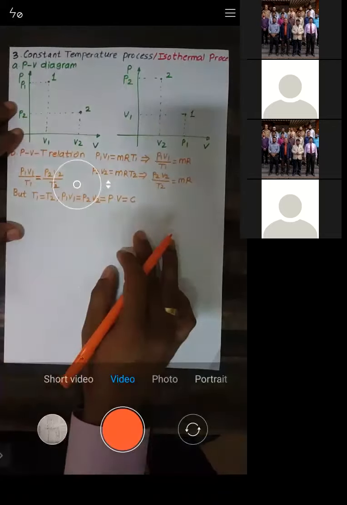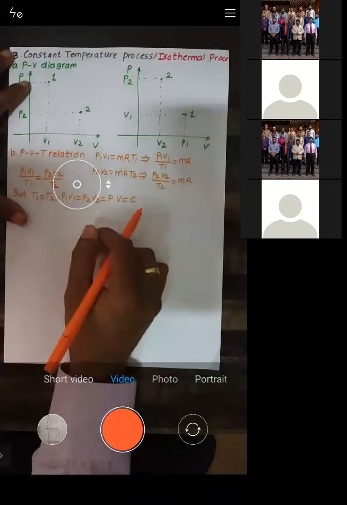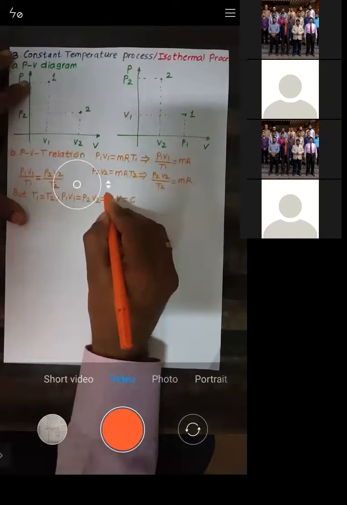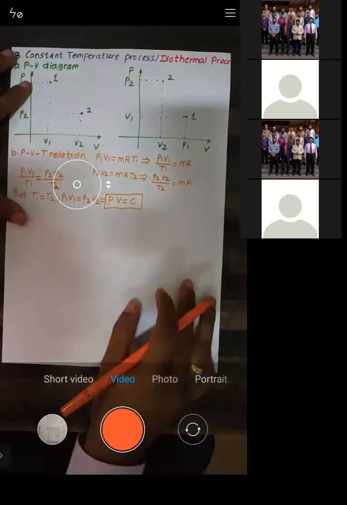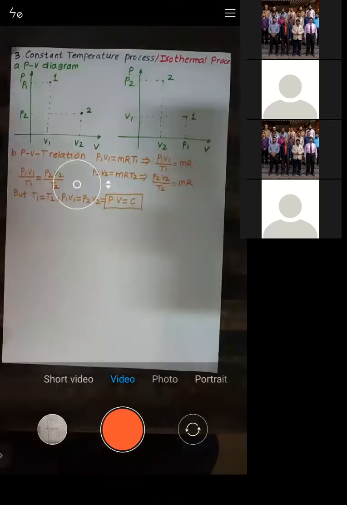The product P1 V1 is the same as the product P2 V2. So PV is equal to constant. This is a very important relation, and it is the governing equation for the isothermal process.